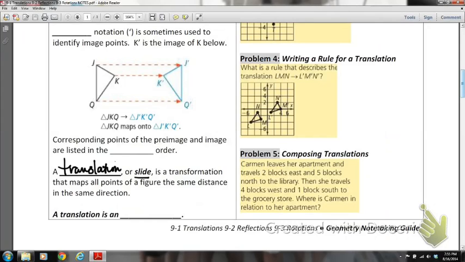It's just a transformation that maps all points of a figure the same distance and in the same direction. It doesn't turn it in any way. It doesn't change the size of it, which is the next blank we have, is that a translation is an isometry. So after it's translated, or after it slides, the corresponding sides are congruent and the corresponding angles are congruent.